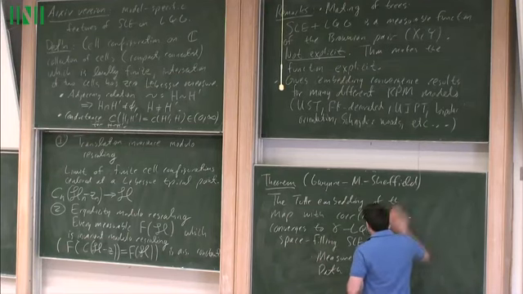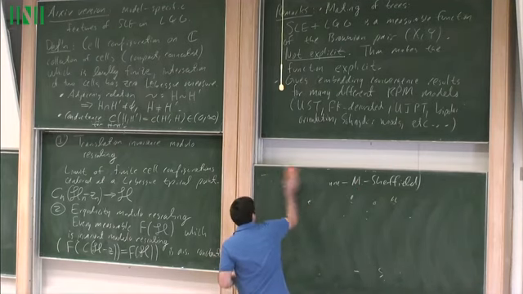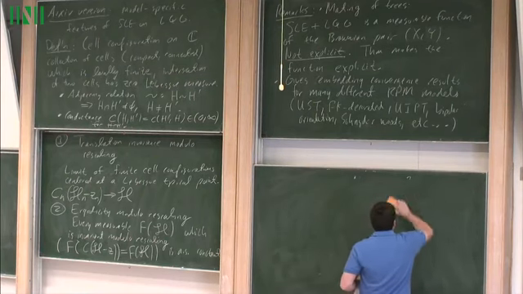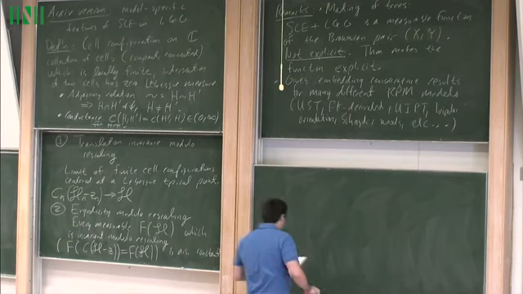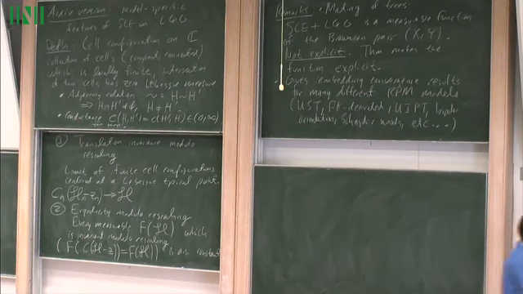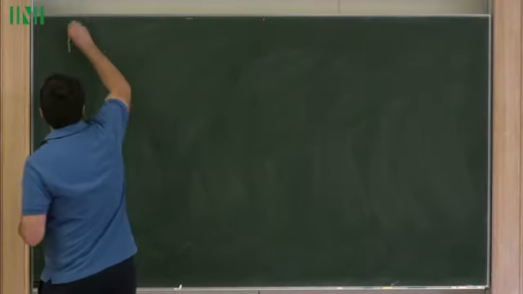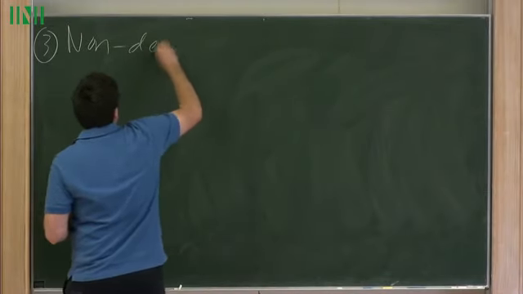It rules out things like cells being long and skinny. And it's going to be stated in terms of a certain moment bound. Okay, so this is the non-degeneracy condition.